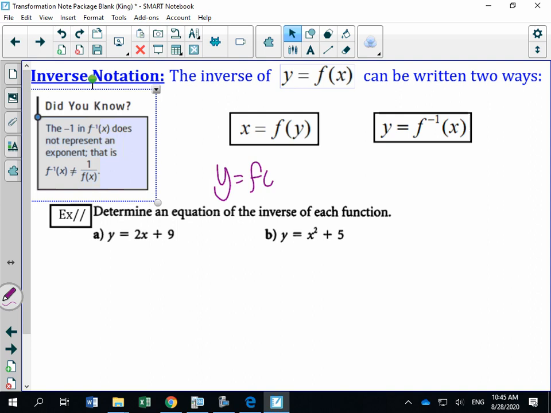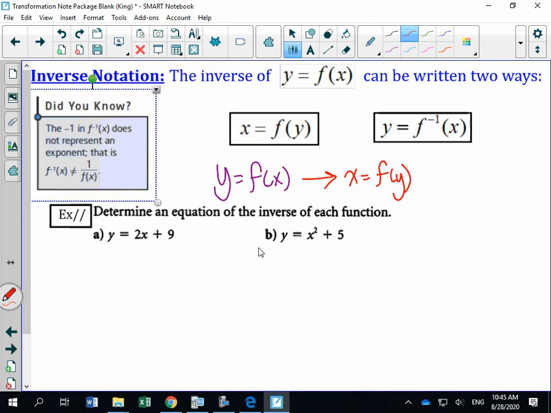It could be written as one of 2 ways. You'll see it on the diploma or on homework questions. They could express that as x is equal to f of y. So if they've interchanged the x and the y, you know that this transformation is an inverse, okay?